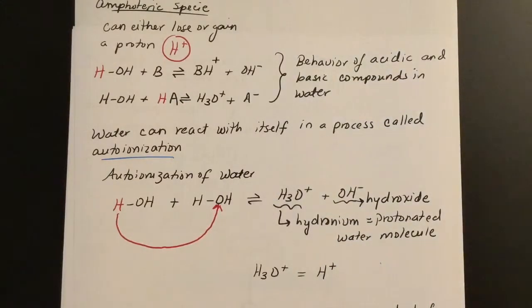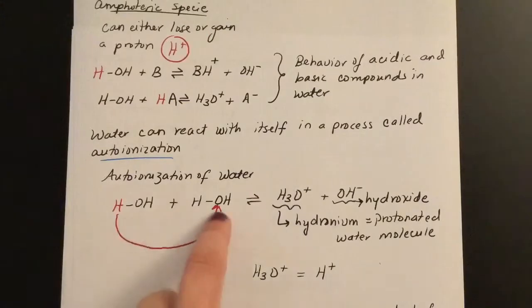If you have 100 water molecules and each one is gaining a proton, you're going to get 100 of these ones here. So we can interchange them, and we look at those amounts to refer to your substances as being acidic or not, depending on how much of this you can get in solution.